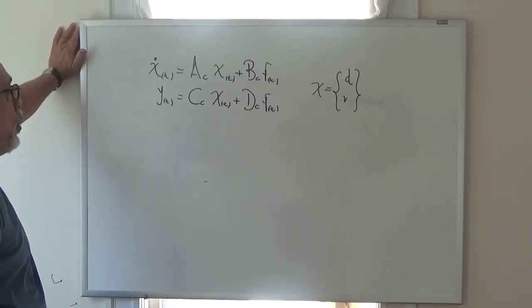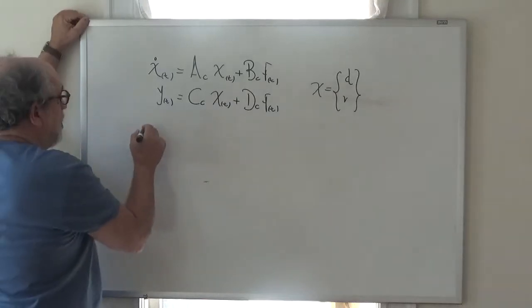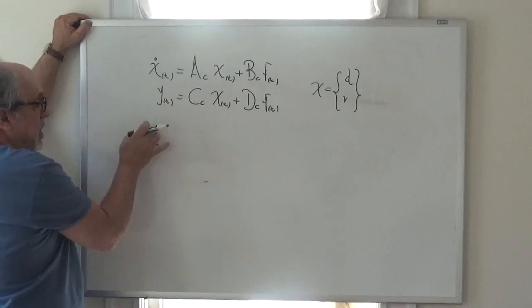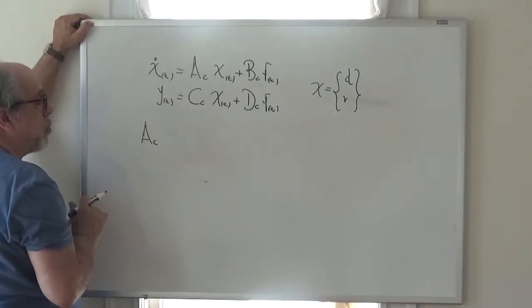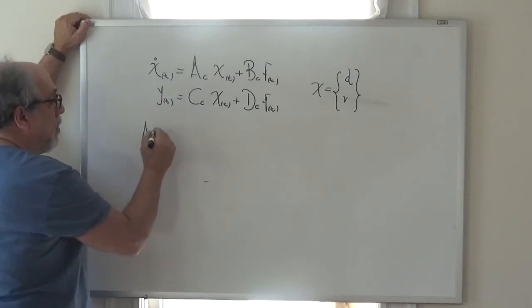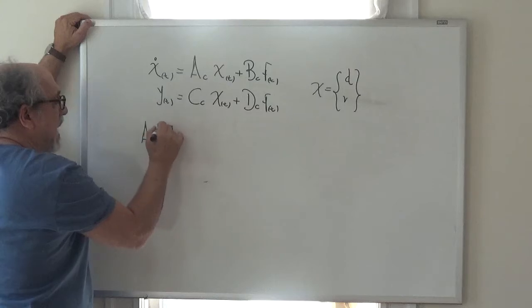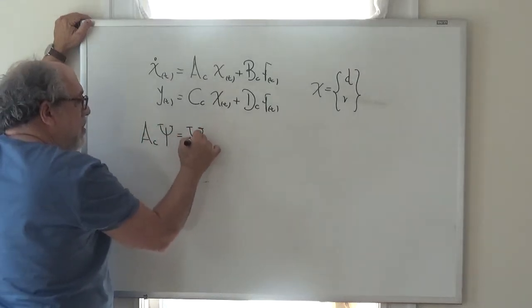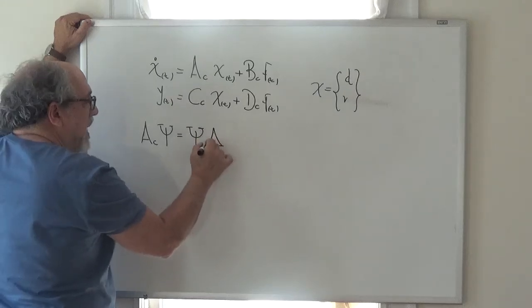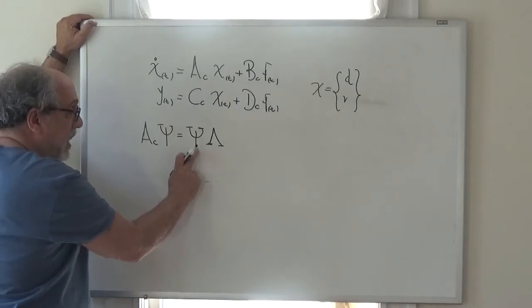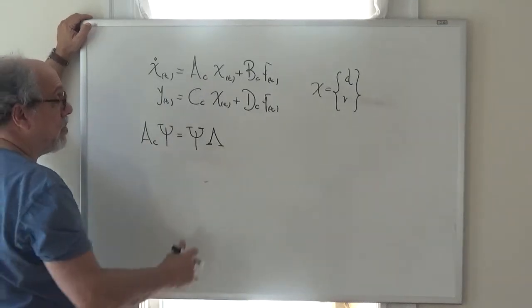into its spectral decomposition. So A, if we wanted to decompose that A into a triple product using the eigenvectors and eigenvalues, remember this. Any matrix multiplied times its eigenvectors is equal to its eigenvectors multiplied times its eigenvalues. So this is the matrix of eigenvectors, and this is the matrix of eigenvalues.